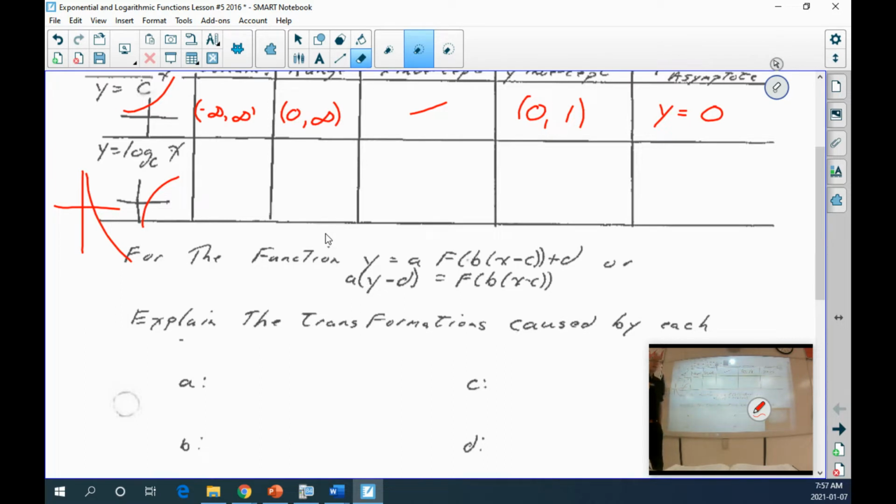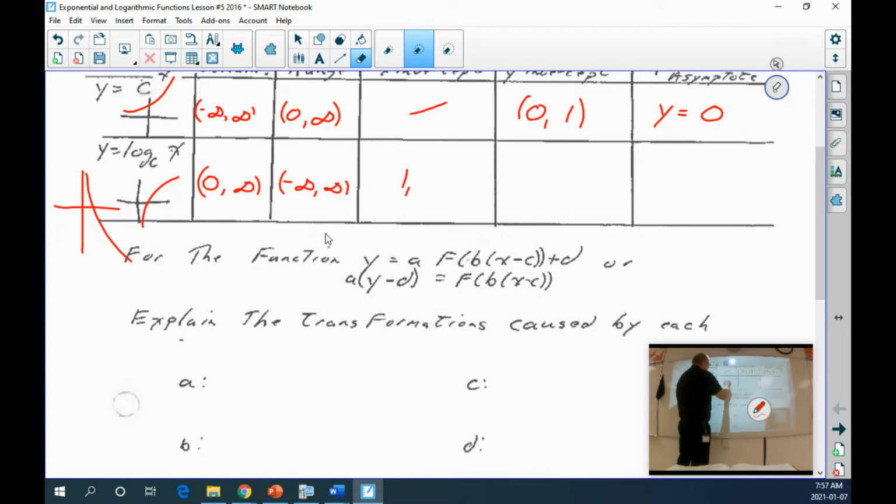1. Now, remember that exponential functions and logarithmic functions are inverses of each other, so we are going to interchange everything. The domain of the logarithmic function is 0 to infinity. Our range is all real values.